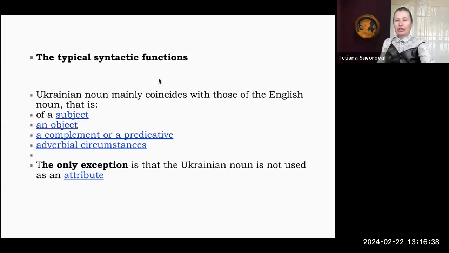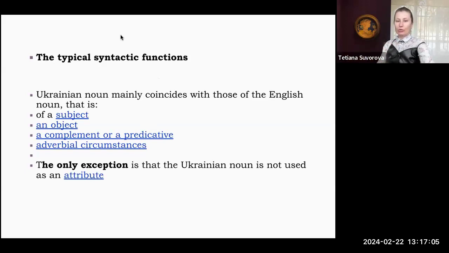Well, and the typical syntactic functions. In both languages, hopefully, and it's good, the noun can perform all the possible functions in the sentence. Have a look. The only peculiarity here is about Ukrainian. It can be the subject: the car is outside.